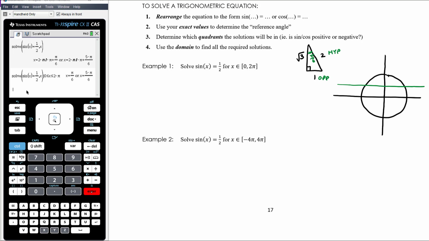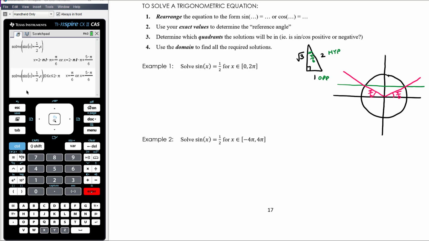So there are two locations in the unit circle, one over here and one up here, where the sine value is equal to 1/2. And we know from what we've just calculated in our triangle, from our exact values, that that angle there is going to be pi on 6. Okay, and therefore this angle in here is going to be pi on 6. So we now know the location of our solutions.